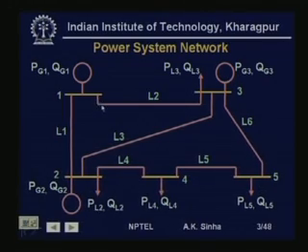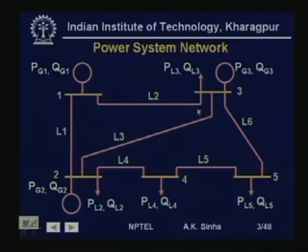Now, these nodes are connected by various transmission lines. These transmission lines carry power from the generators to various loads, and what we want to do in the load flow analysis is to find out the flows in various lines as well as the voltages at different bus bars, for a given condition of loads and generation.